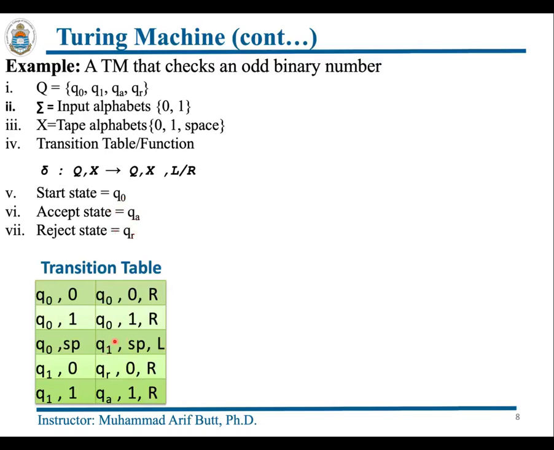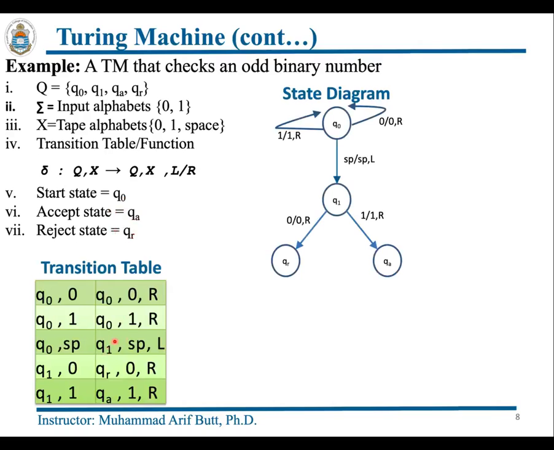This is the transition table, and this is the graphical representation of this transition table, also called the state diagram. Before proceeding, let me describe this a little bit for better understanding. This is the state Q naught, this is the state Q1, this is QR, and this is QA.